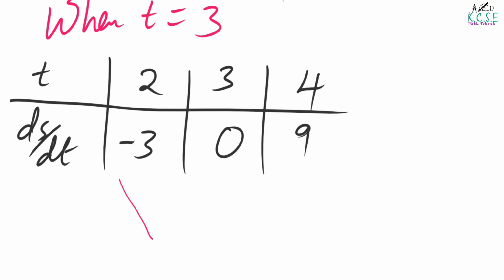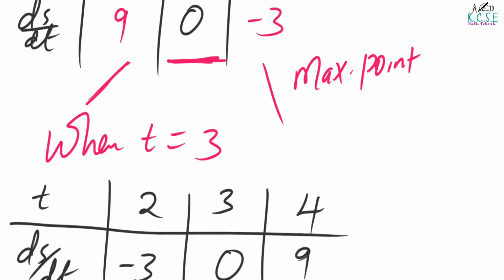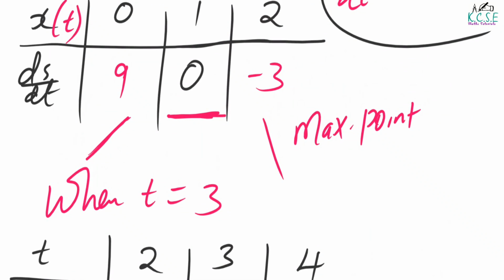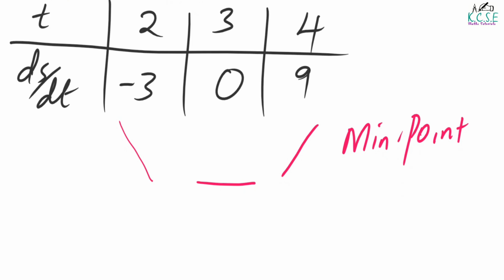That is negative, then 0, then positive. So this one is a minimum point. No, not that one, the other one is a maximum point, where it is moving from positive to 0, then negative, and then this one is moving from negative through 0 to positive, so it is a minimum point.